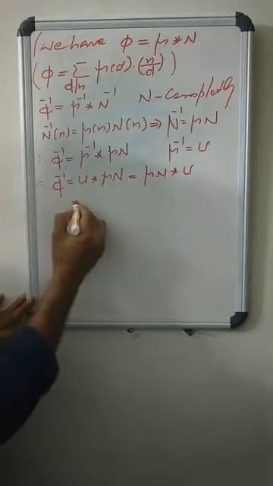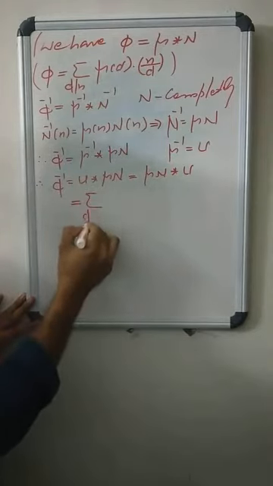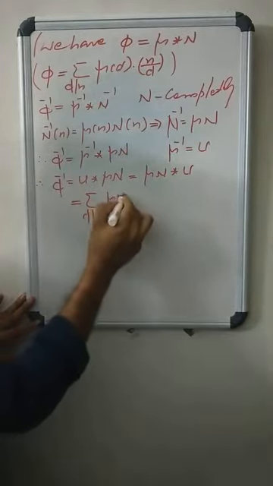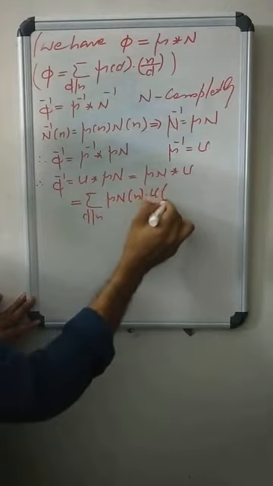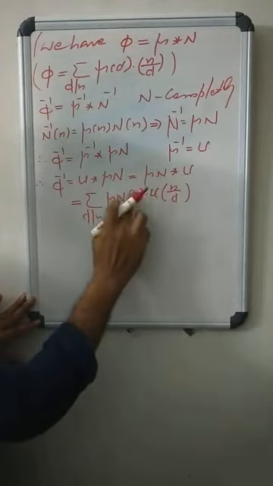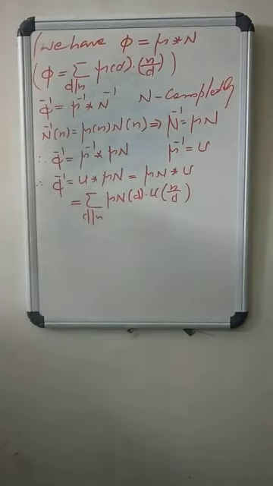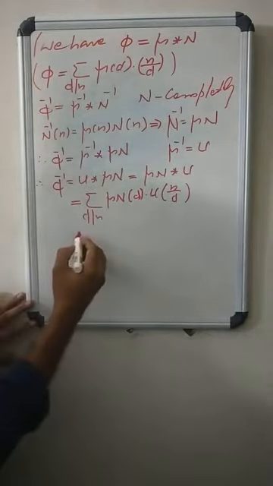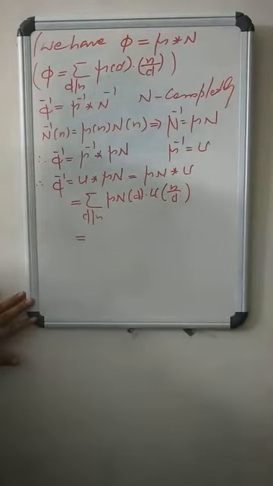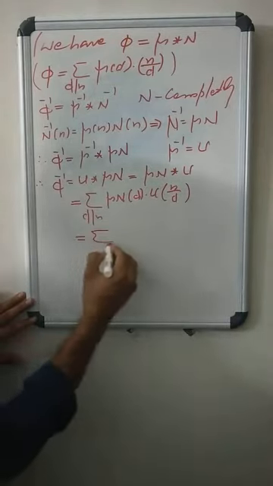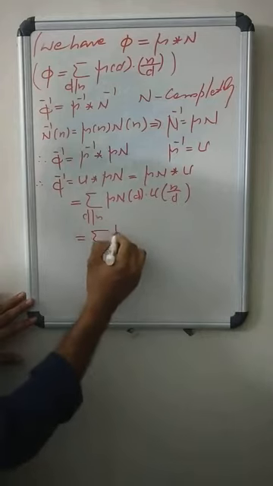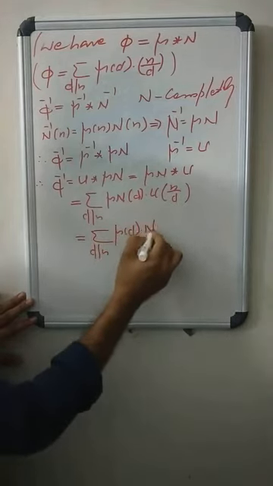What is mu N star u? It is the sum over d dividing n of mu N of d into u of n by d.